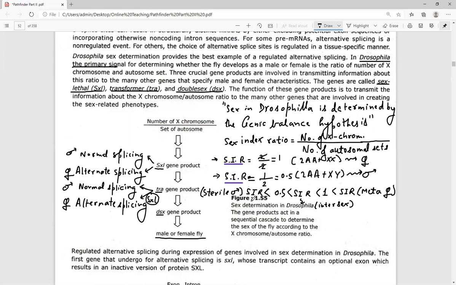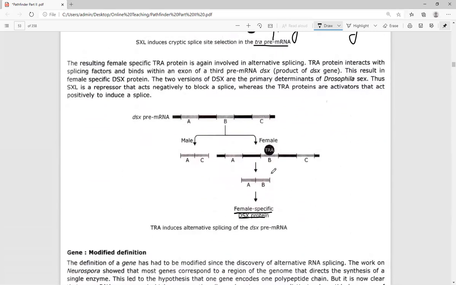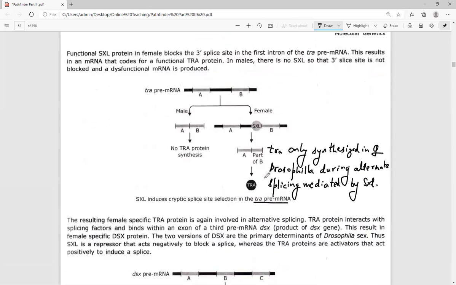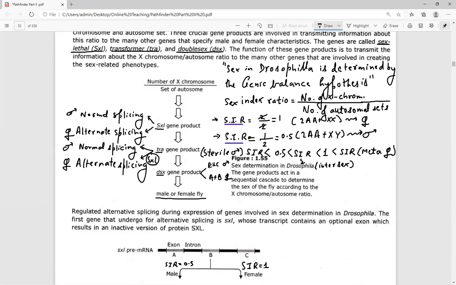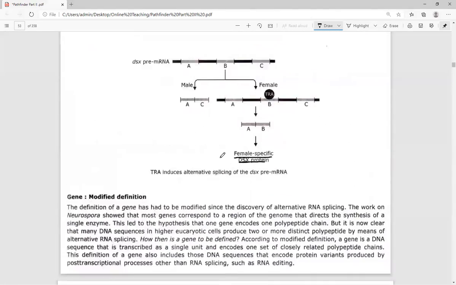Dsx can be processed into two different types, to form A with C or A with B. It will lead to the formation of male, or the formation of female. See this, AC is male and AB is female. This is what I have described here. You can note it down, and this is how alternate splicing takes place in Drosophila melanogaster.